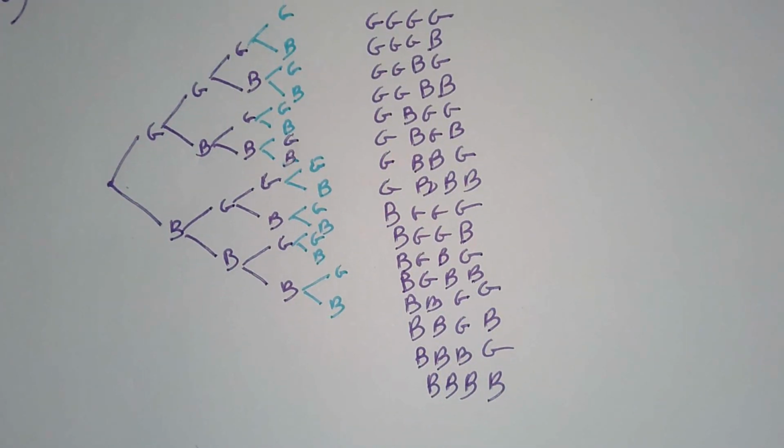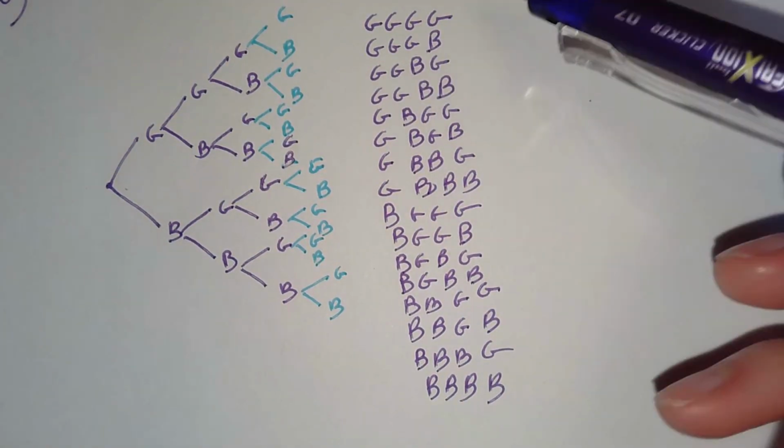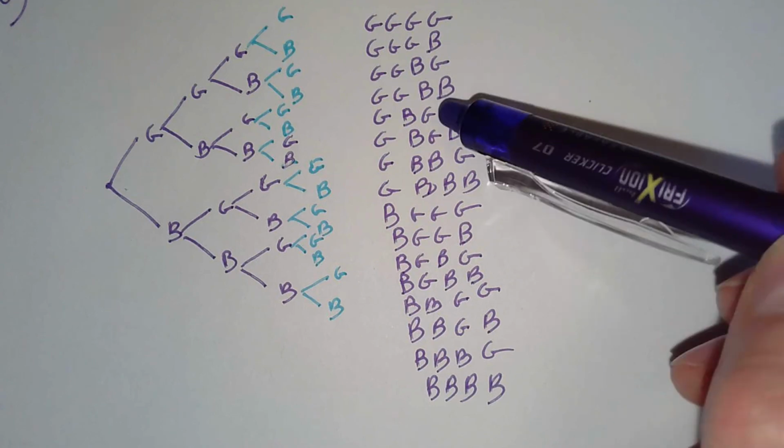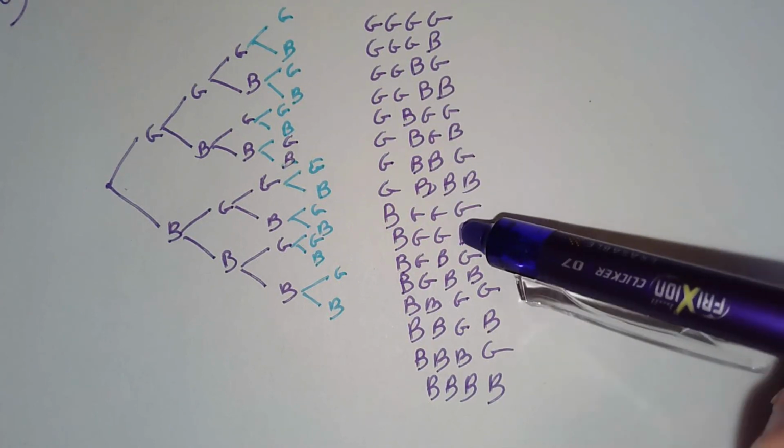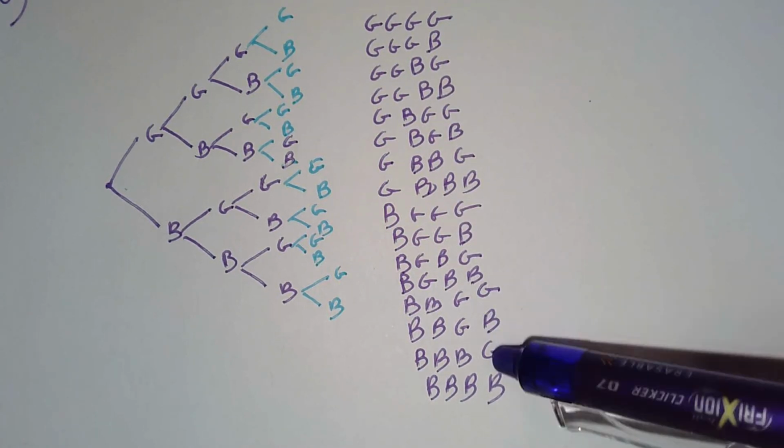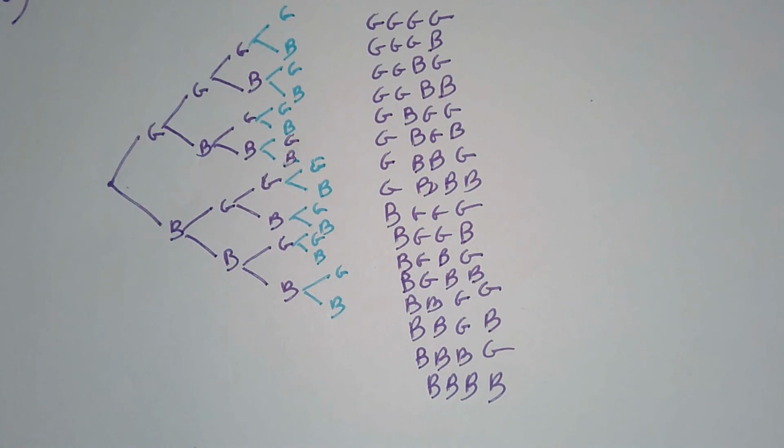Oh boy. So we should have 16 here. 1, 2, 3, 4, 5, 6, 7, 8, 9, 10, 11, 12, 13, 14, 15, 16. That's how many ways you can have 4 kids.